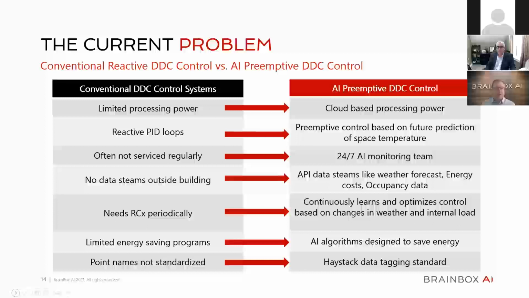The other thing about a conventional control system is they're stagnant. They're in their own little environment. Nobody's watching them 24/7. You may have a building engineer, you may have a control service technician that looks at it periodically. But utilizing a technology like BrainBox AI, we have 24/7 AI monitoring teams, one in Dublin and one in Montreal. And those teams, their job is to make sure the AIs aren't breaking anything.